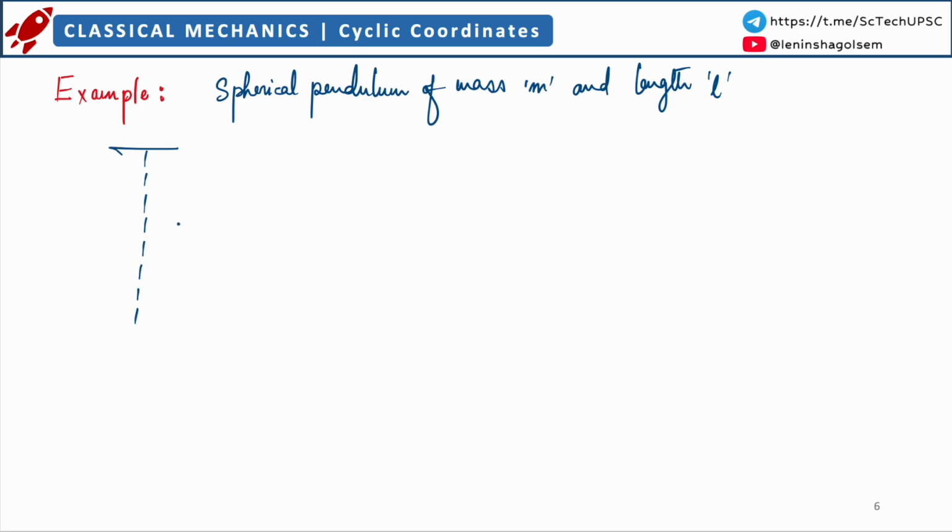So this is the vertical line. We have a simple pendulum which is inclined at some angle theta from this vertical line. Let's call this theta, and this bob is allowed to rotate about this vertical axis, and the angle defining the rotation about this plane is denoted by phi.